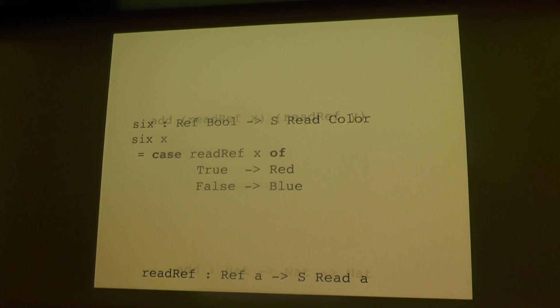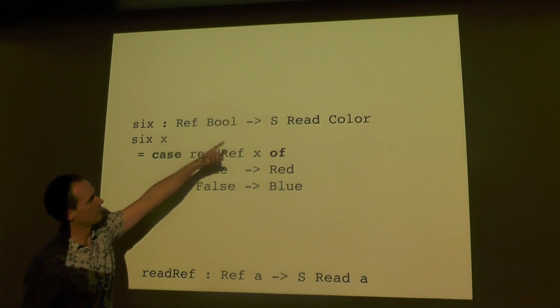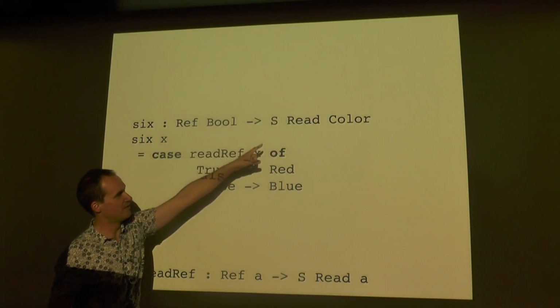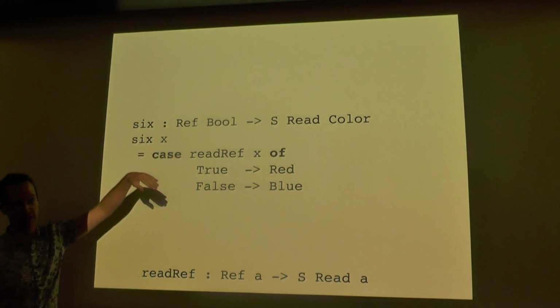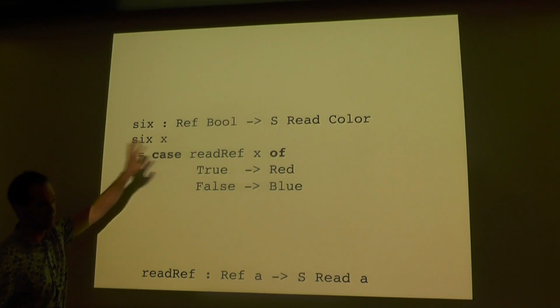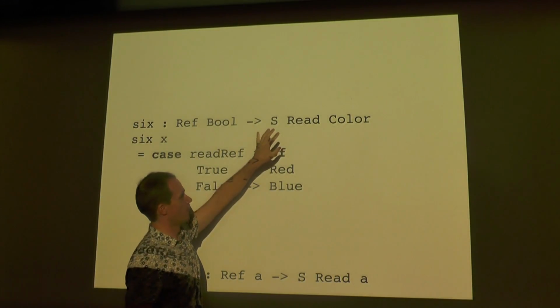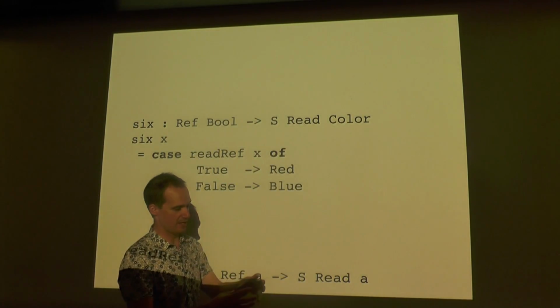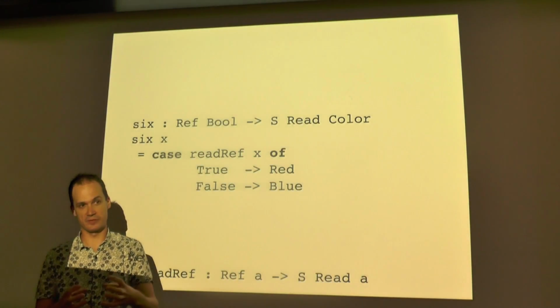So we go back to this function. It is referable to a suspended computation read color. You can imagine if we were to compile this down to, say, C or LLVM, you could write a C function which takes a parameter, and then what it returns is really a heap allocated object which represents the boxed up computation.